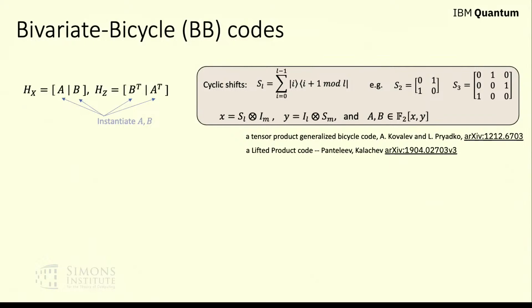And if you write A and B as polynomials in X and Y, then these matrices clearly commute with one another. So we get exactly the property we want, that A and B as polynomials in X and Y commute. And so this is an instance of these generalized bicycle codes and also an instance of lifted product codes.